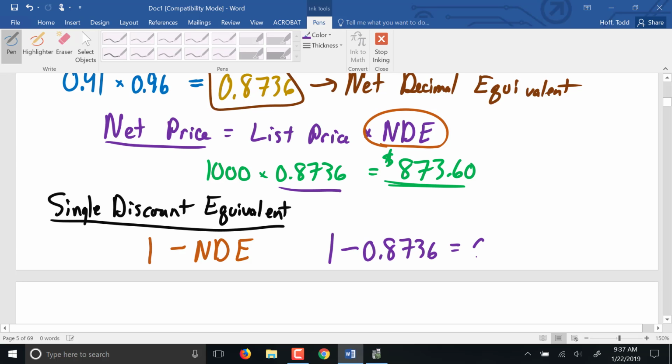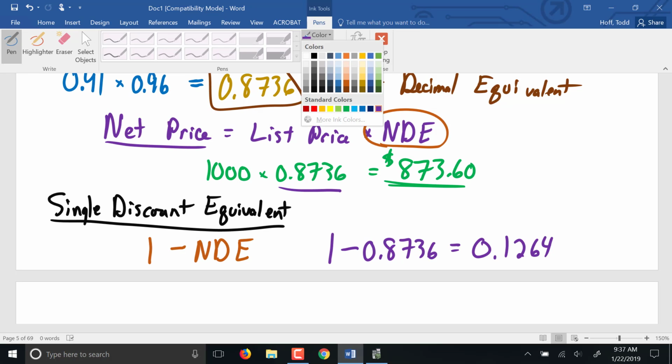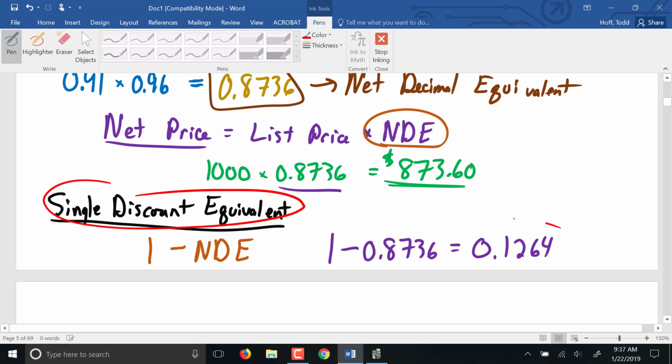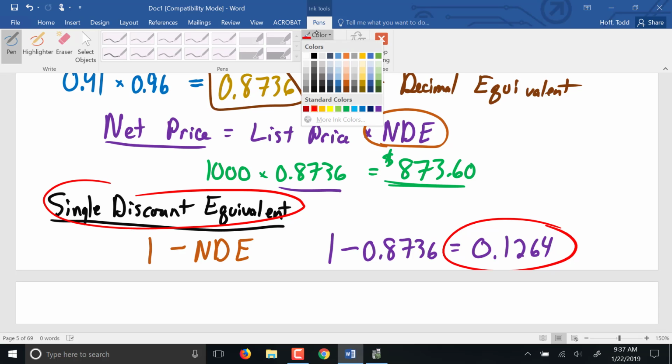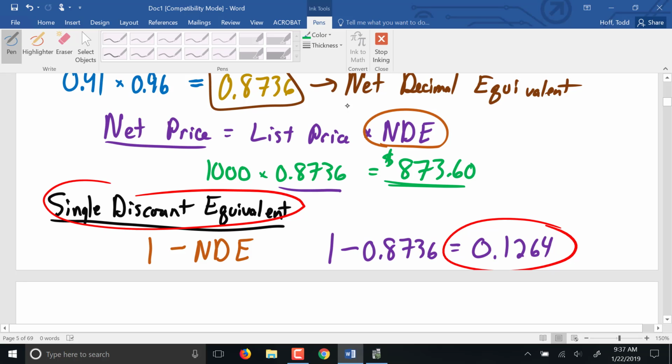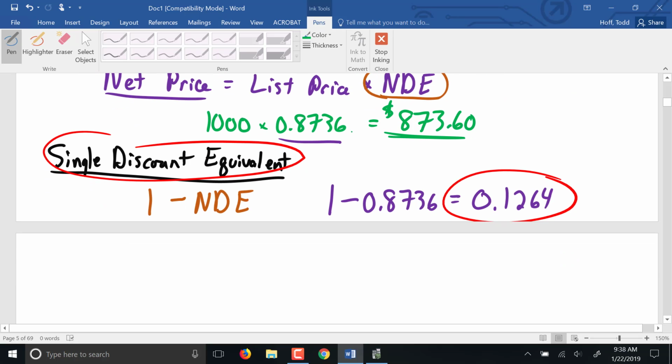0.8736, which will give us 0.1264. That is our single discount equivalent. What that can be used for is we can find the dollar amount of our trade discount by simply taking our list price times that single decimal equivalent.